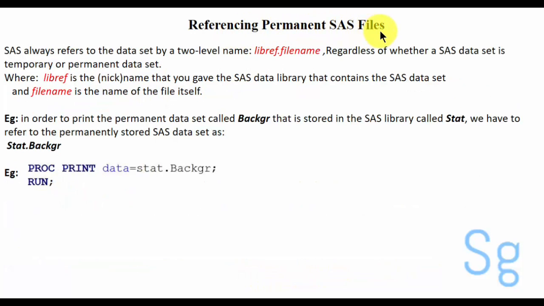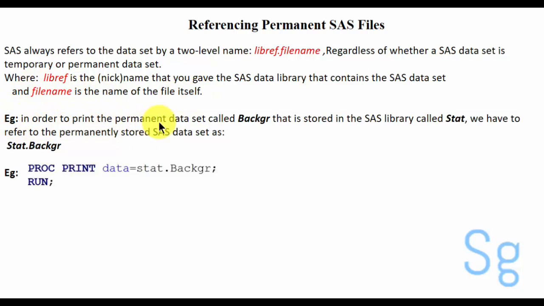Referencing permanent SAS files. SAS always refers to the dataset by a two-level name, that is, libref.filename, regardless of whether a SAS dataset is a temporary or permanent dataset, where libref is the nickname that you give the SAS data library that contains the SAS dataset, and filename is the name of the file itself.